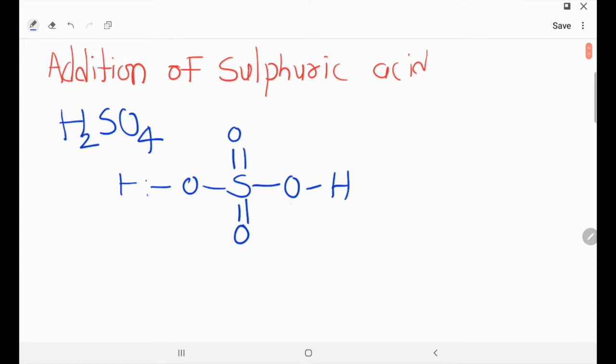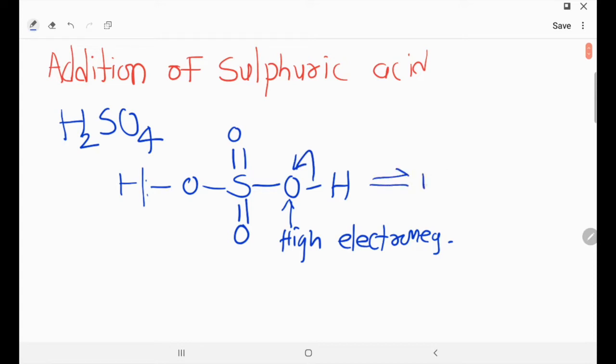Now in this sulfuric acid, this particular oxygen is highly electronegative. So what will happen? It's very highly electronegative, so the bonding electron pair is shifted onto this particular oxygen atom. So there will be formation of HOSO2 O minus and H plus.